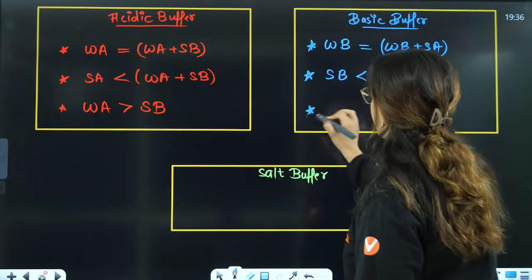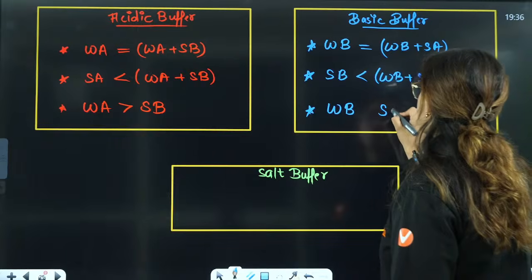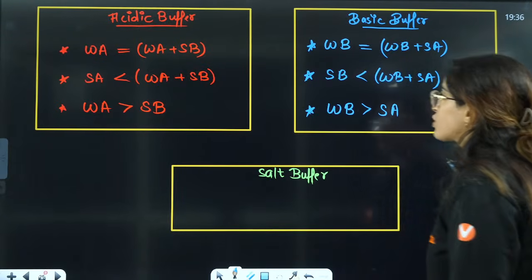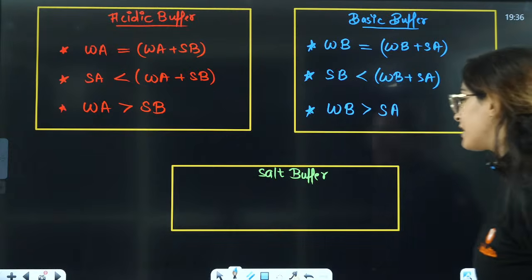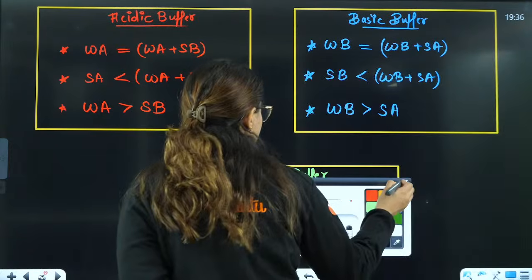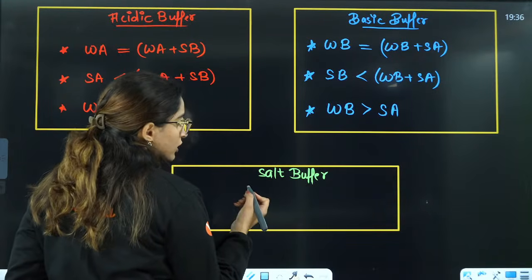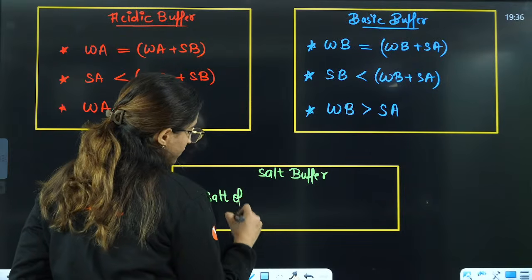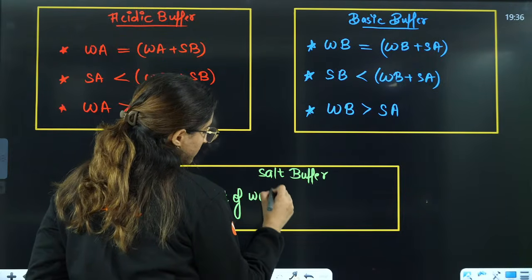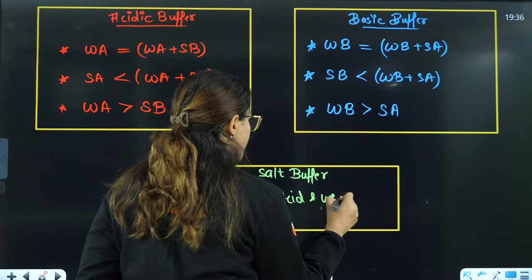And the third one is, you will have weak base and strong acid, but the number of moles of weak will be more here. And for salt buffer, just remember that always you will have salt of weak acid and weak base.